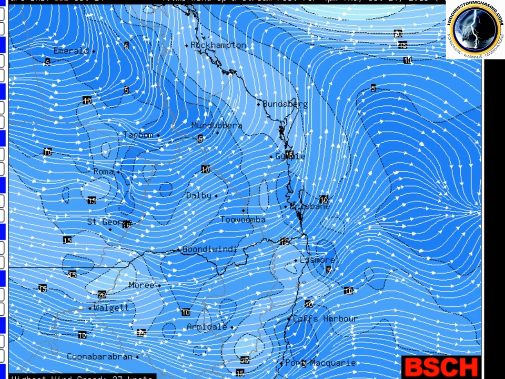All right, this is for 4 p.m. So if something does develop through here, through inland regions, you can see that these are likely to be steered towards the coast. It's only slow steering, so we don't expect them to be moving too fast. The wind speed is quite light for this system.